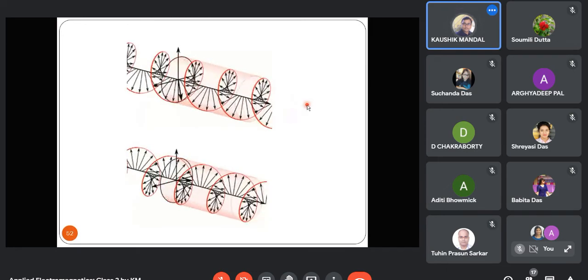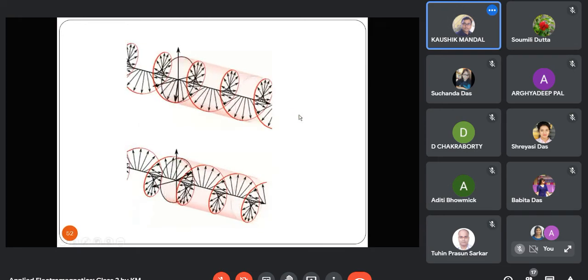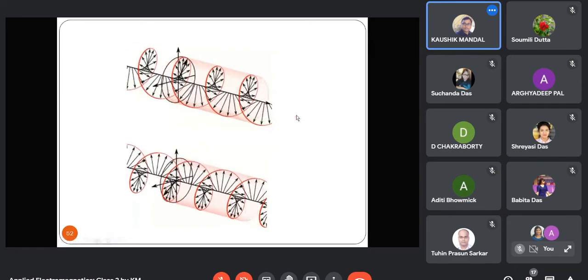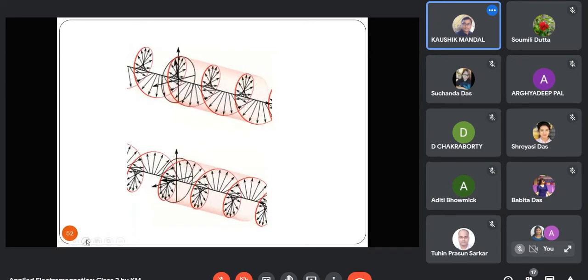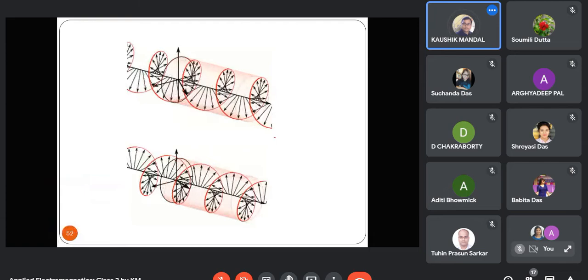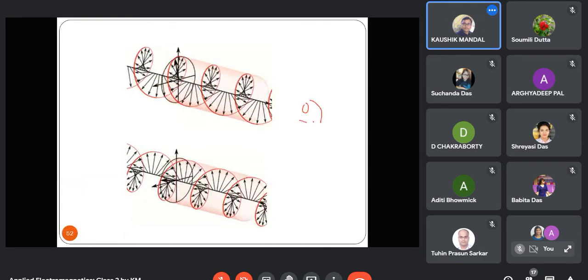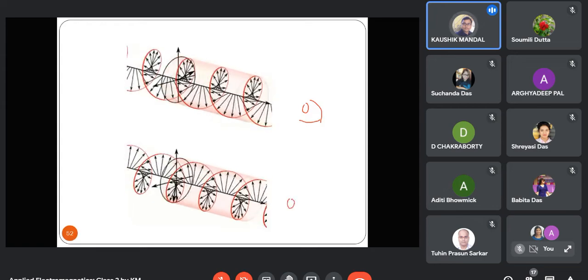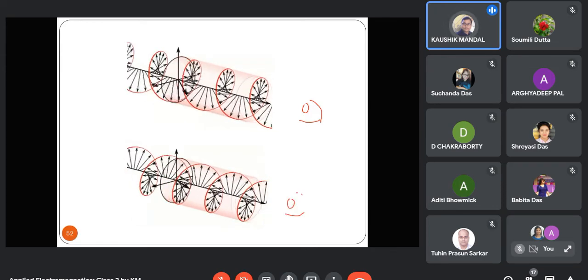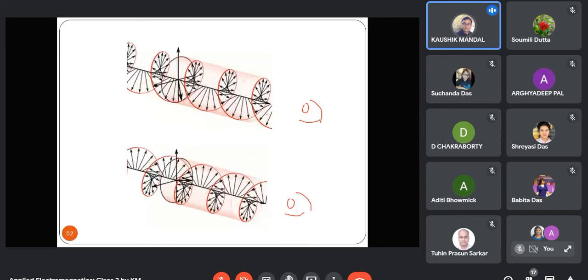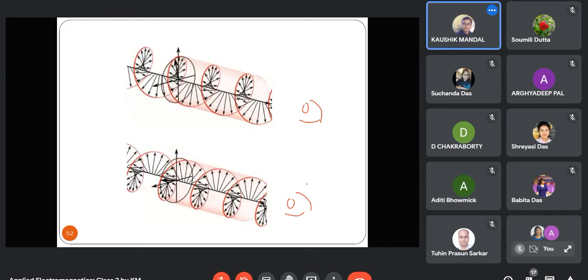You just tell me. Say, I have said that the observer is at this position, then what will be the sense of polarization for the first GIF, and for the second GIF?